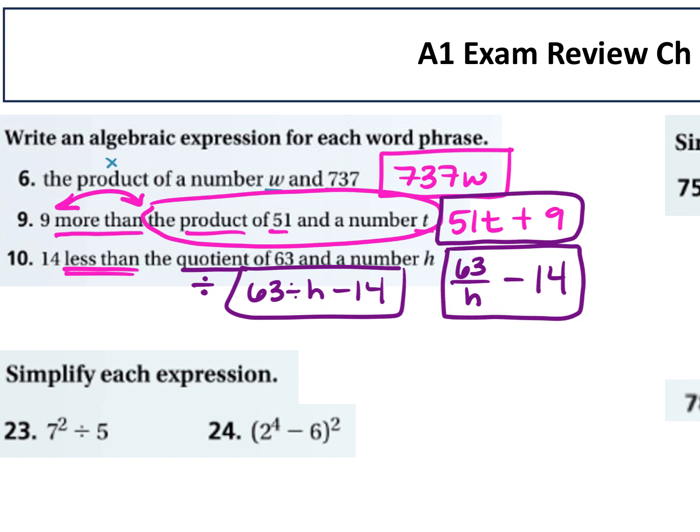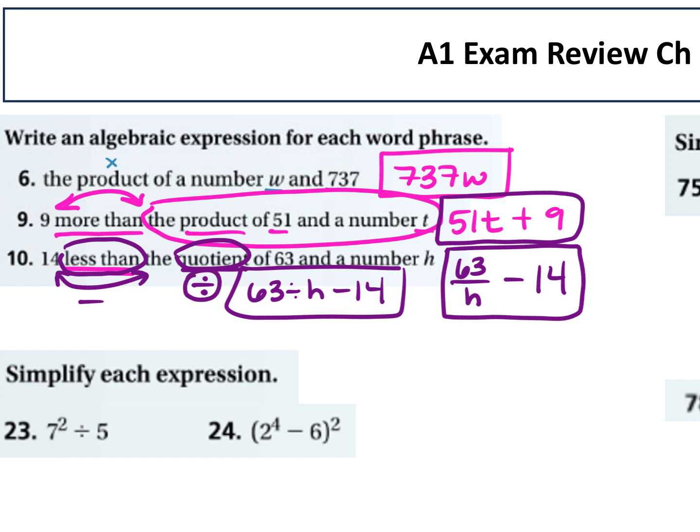How do you just remember, I just don't understand how to put it into that. So you just have to know what different words mean, right? When you see less than, you should think, I gotta switch things around, and less than is subtraction, right? When you see a word like quotient, you gotta think that's division.